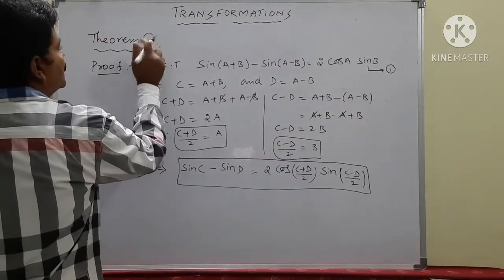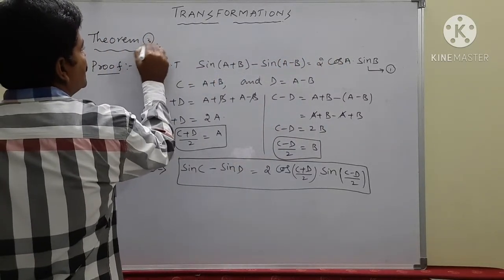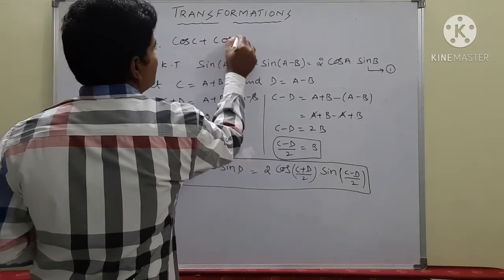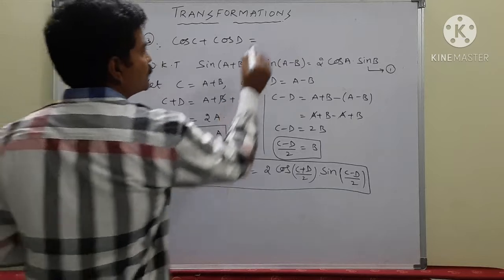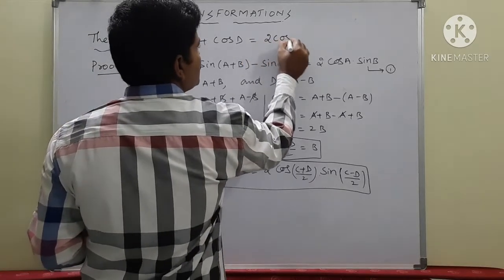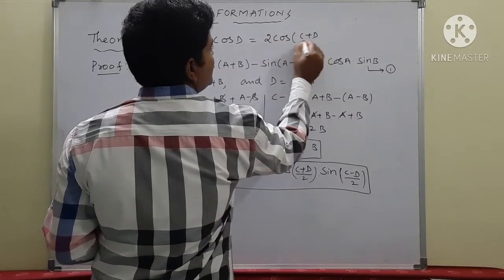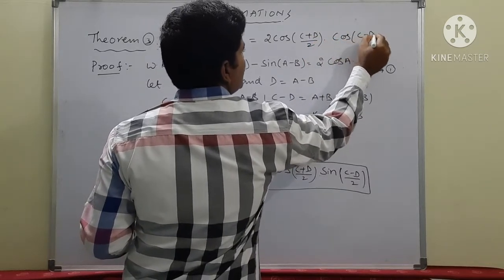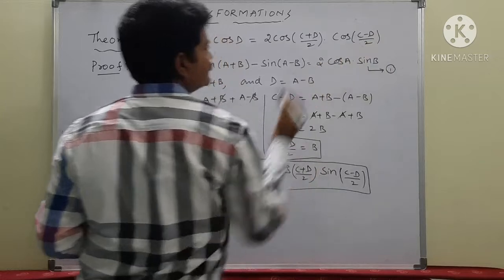So coming to theorem number 3, cos c plus cos d is equal to 2 cos c plus d by 2 into cos c minus d by 2.